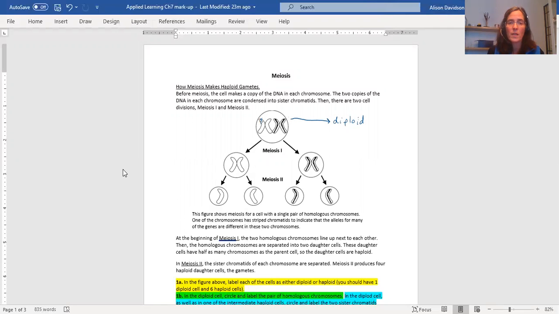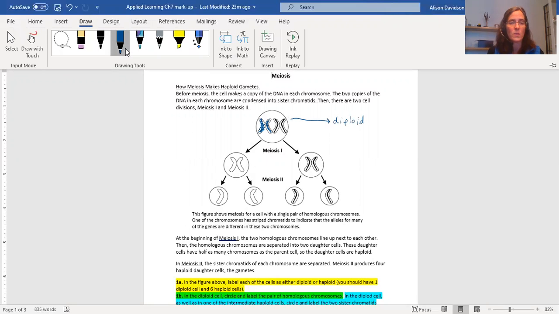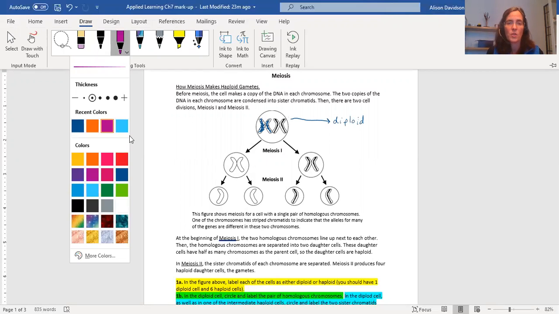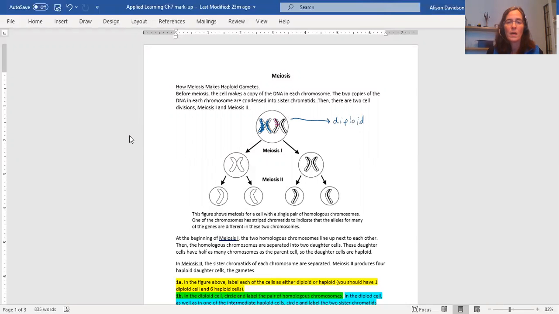This first one is, let's say, the paternal chromosome. Here's the chromosome, and it's been duplicated, so it has its sister chromatid attached to it. The second chromosome would be the maternal chromosome, and we typically show these as blue and pink. This maternal chromosome is homologous to the paternal one.